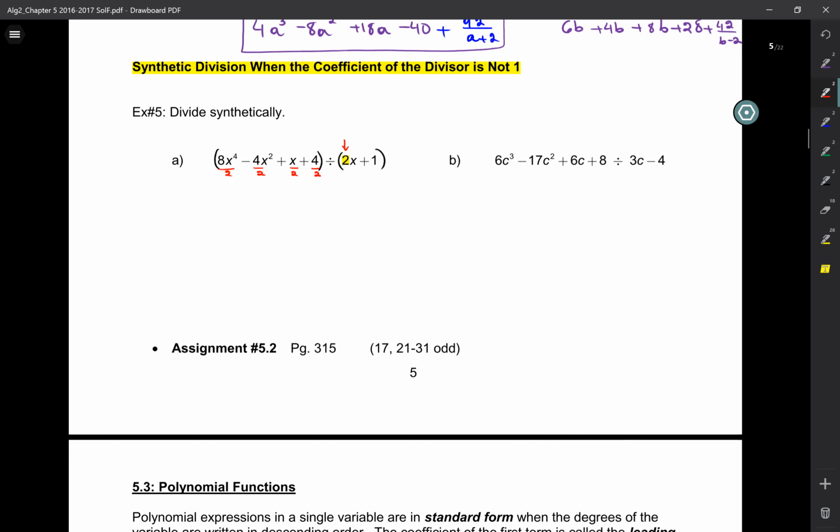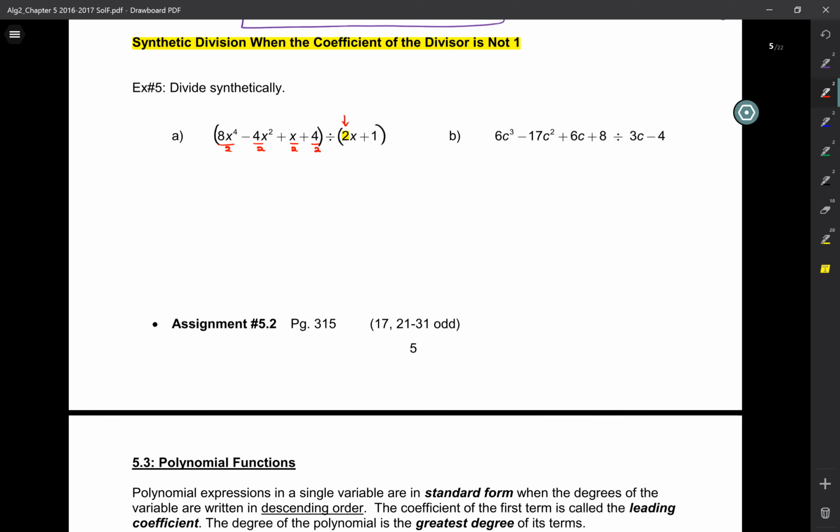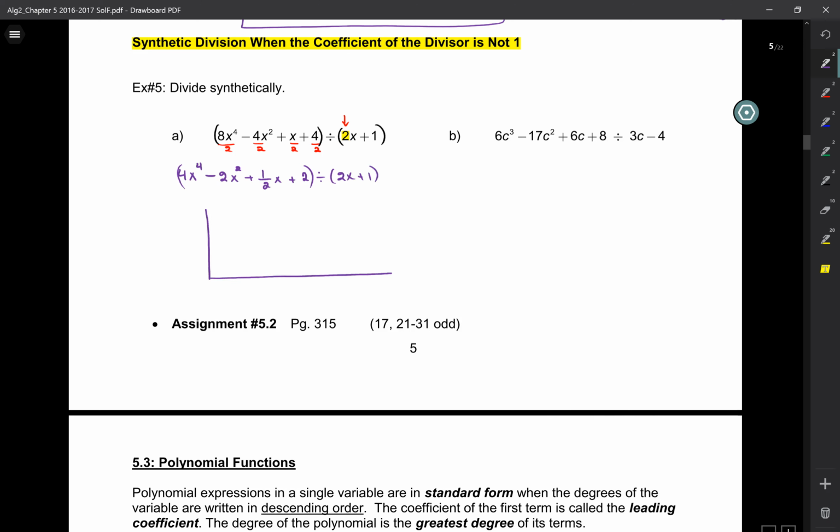It would be easier to put the number as negative 1/2. So here's what we're going to do now. Once you divide, what do I get? I get 4x to the 4 minus 2x squared plus half x plus 2 divided by 2x plus 1. All right, so let's see what we're going to get for coefficients here.